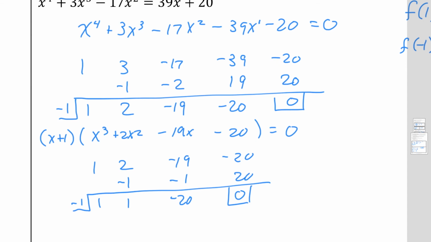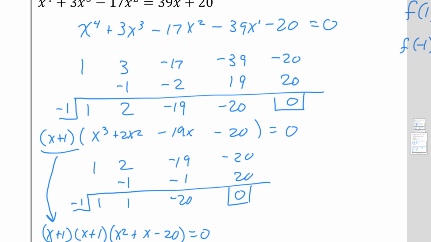So here's what we have then. We have the x plus 1 that we've already factored. We just bring it down. We have another x plus 1 corresponding to the factor indicated by the synthetic divisor negative 1. And we have x squared plus x minus 20. And still in the context of an equation, still equal to 0.